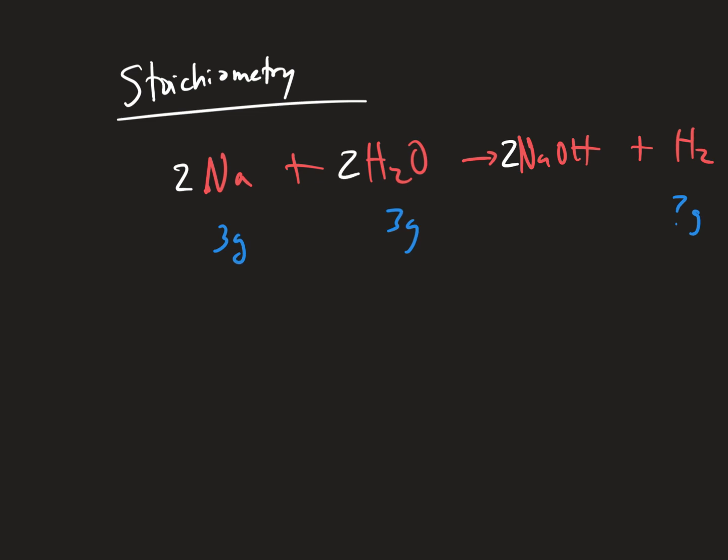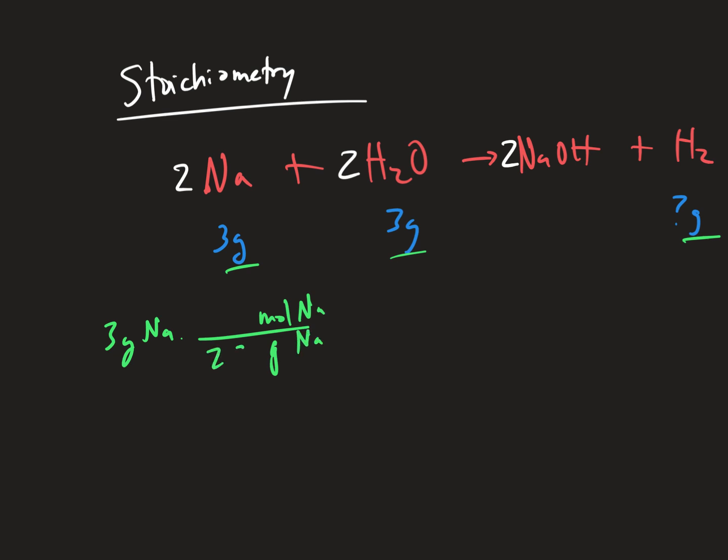And now we got to do what? Convert which one to mole? 3 grams of sodium or 3 grams of water? Yes, both of them. Just do one at a time. So 3 grams of sodium and convert it to what? Grams of H2, because that's what we're looking for, right? So what do we do first? Grams to moles, like Vita said, of Na, and write everything down.